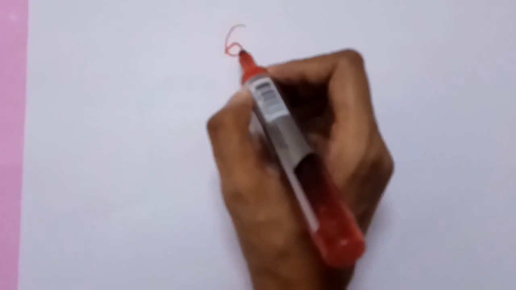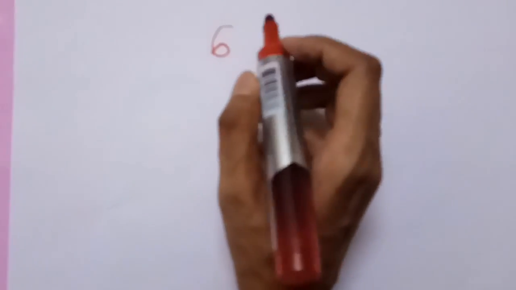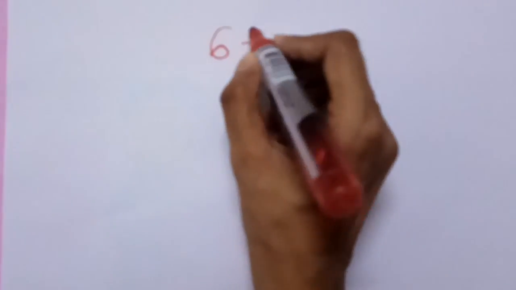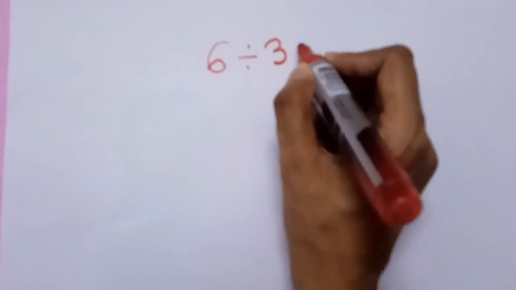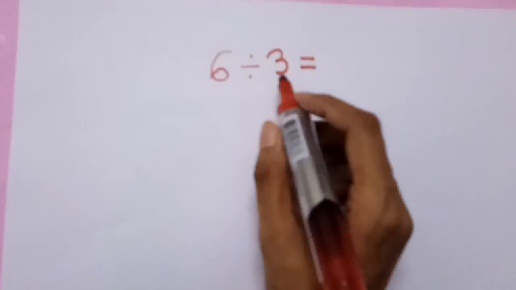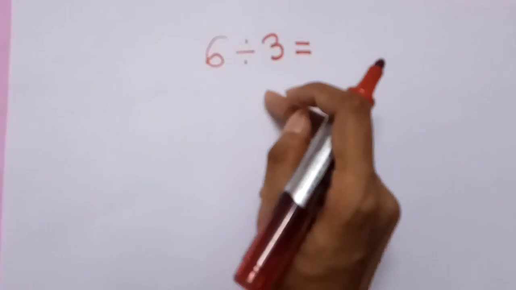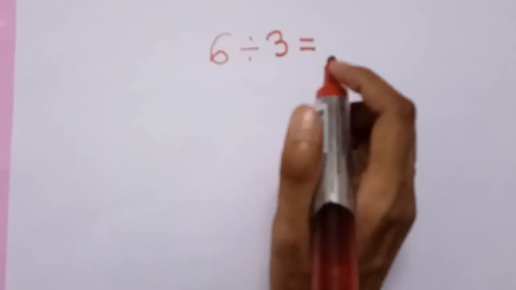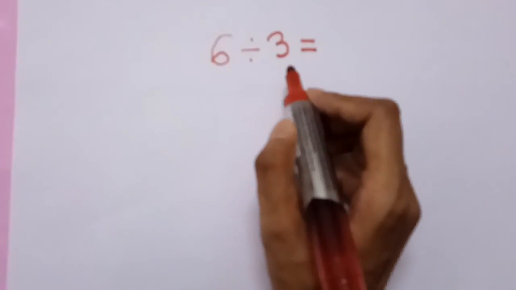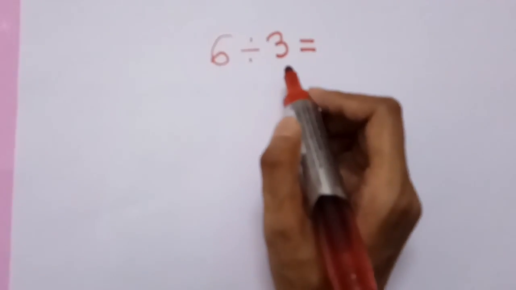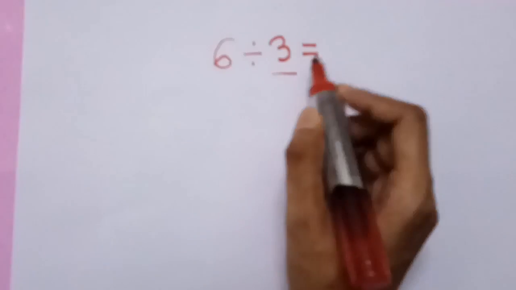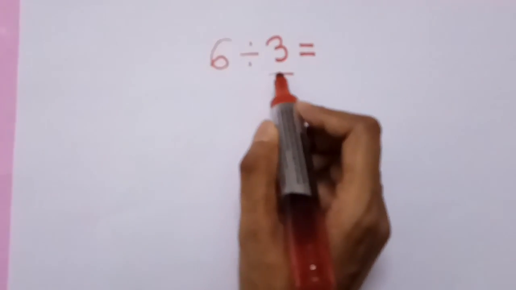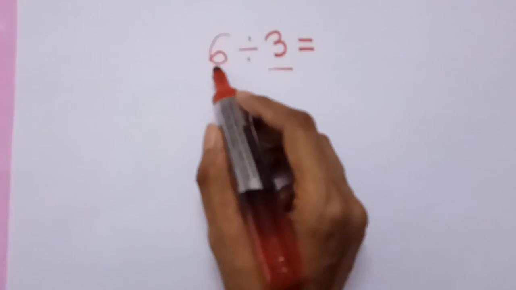But how will we solve this mathematically? We will divide 6 pencils among 3 persons. We know the answer, but if we want to find this answer with the help of the times table, we have to recite times table 3 until we get the number 6.